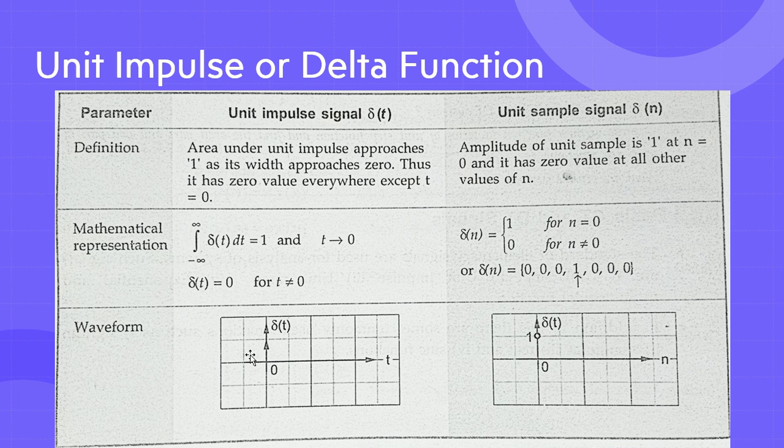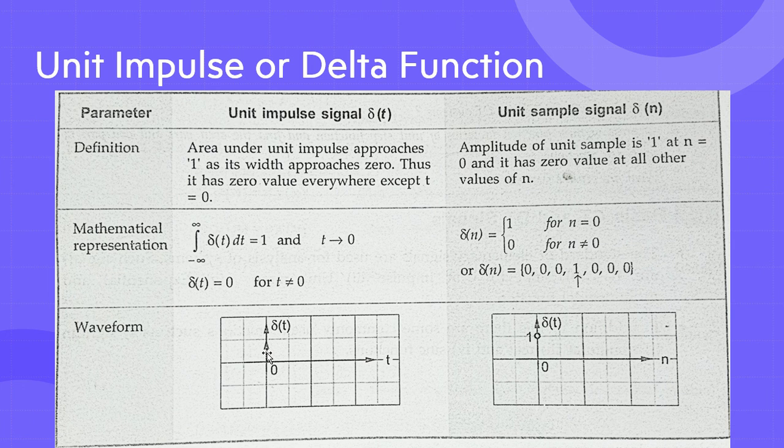What is actually happening is that the width of my signal approaches almost 0, and the area under the signal will be equal to 1. If my signal possesses this kind of property, we call it a unit impulse signal.